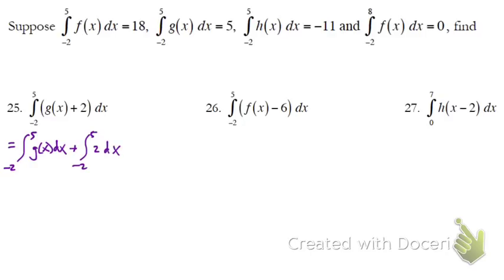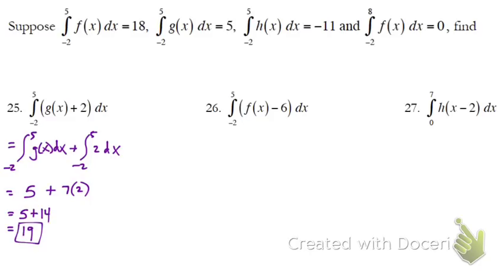Now, we already know the integral from -2 to 5 of g of x is 5, plus this rectangle that we just looked at has a height of 2 because it was shifted up 2, and then -2 to 5, if you think about how much distance is between -2 and 5 on a number line, there would be 7 units. So from -2 all the way to 5, it would be a base of 7 with a height of 2. So technically we're adding in 14 units of area. So when I do that, I get 19.